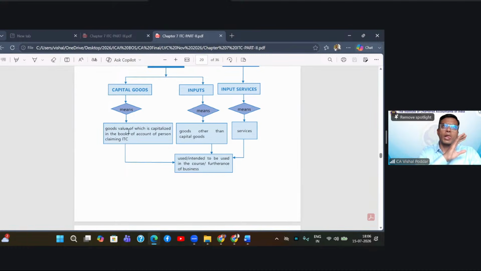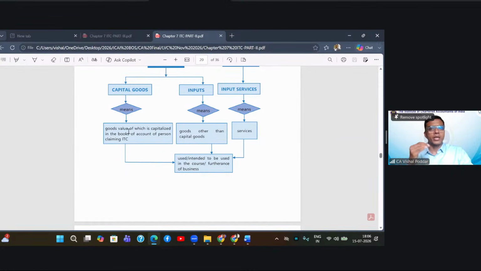The GST law has made it very simple and easy for any businessman to understand and adopt, that you have the prerogative to decide whether these goods will be inputs or capital goods. Why this distinction, you'll understand later as we proceed with the further aspects of this chapter.